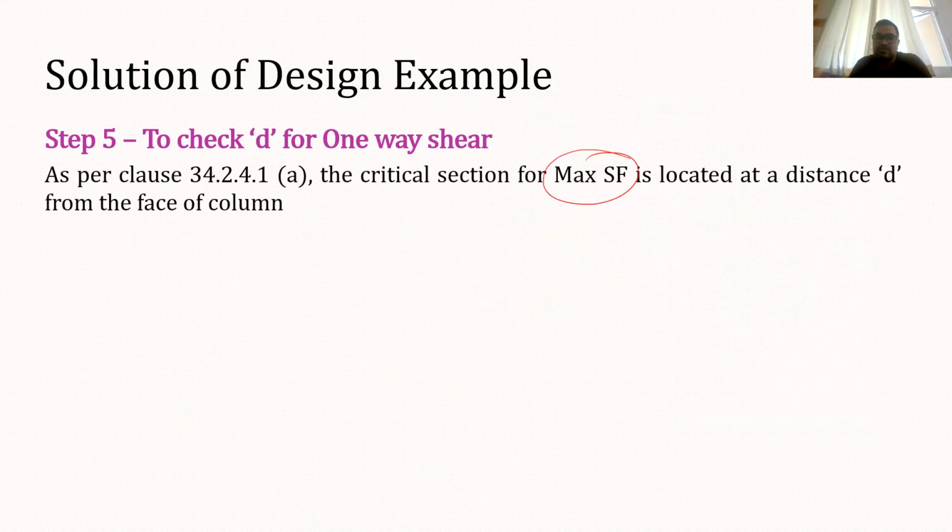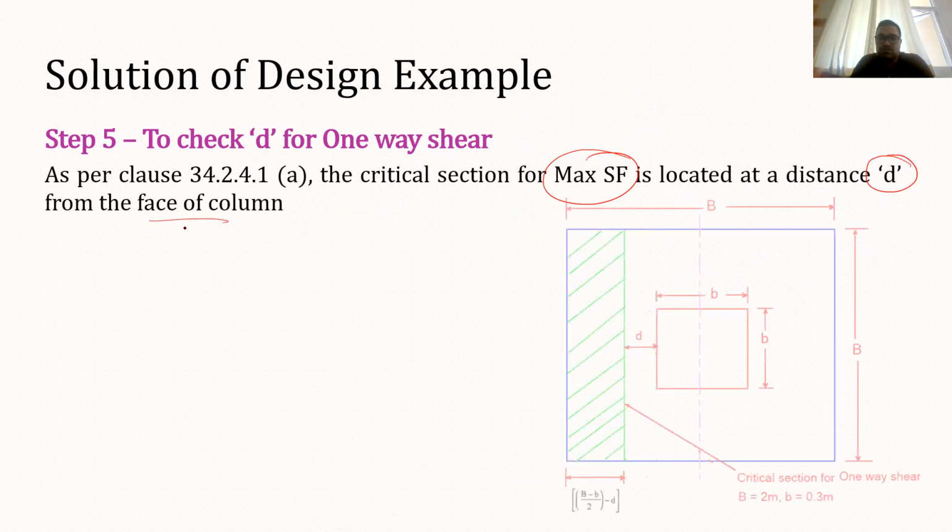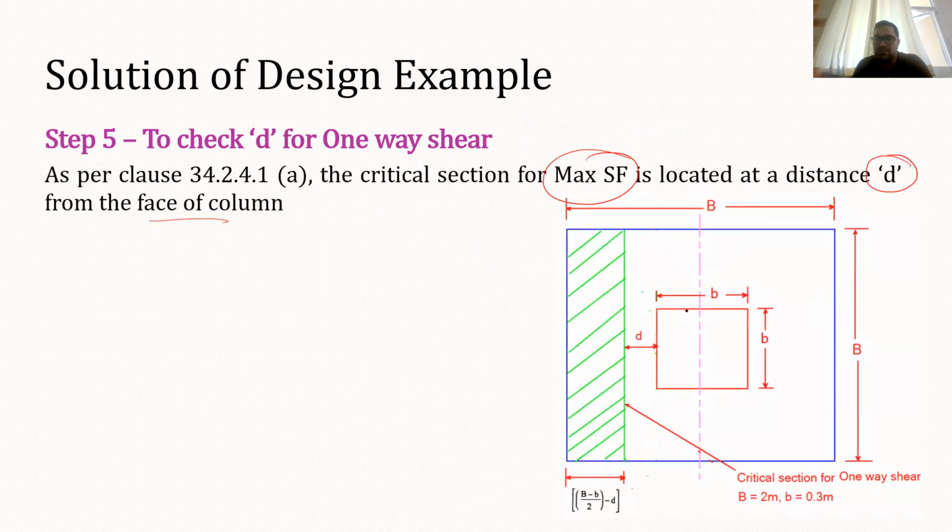Now, where this maximum shear force will occur in the footing, we have already discussed in the previous part: the critical section for maximum shear force in the isolated footing will be located at a distance D from the face of the column. In this diagram you can see this is the column and this is the footing plan, and this green line shows the critical section for the one-way shear.